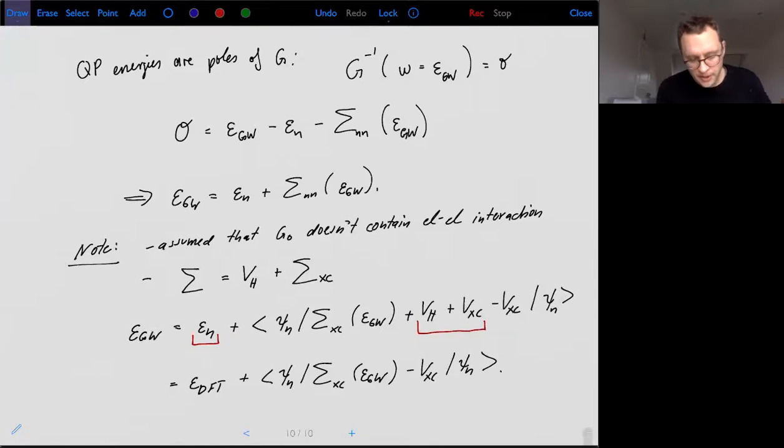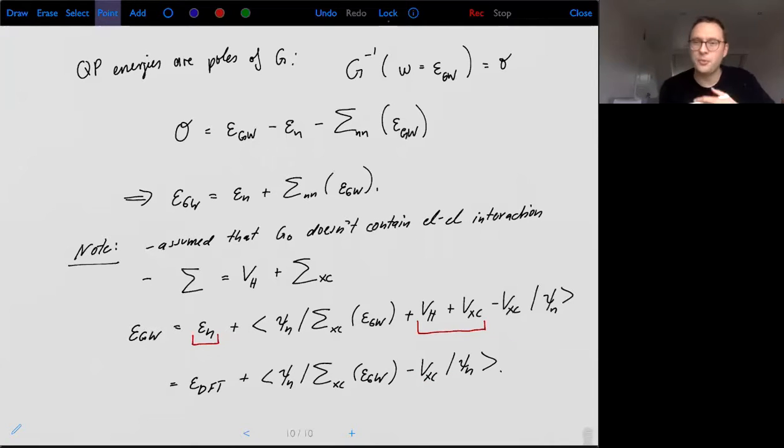No, because whatever exchange correlation potential you use, you subtract it out. So there's nothing you need to do.